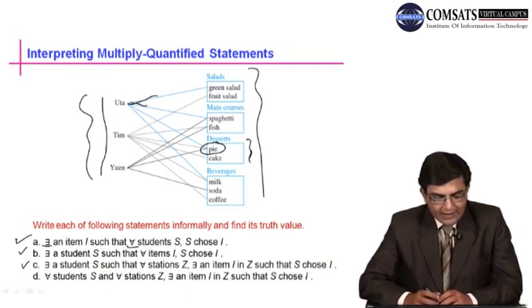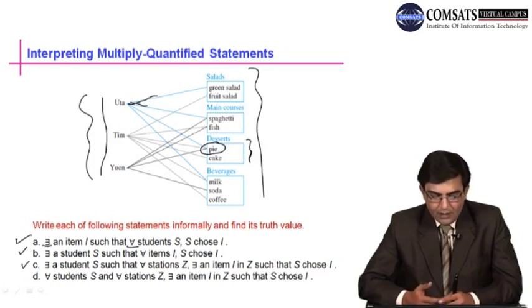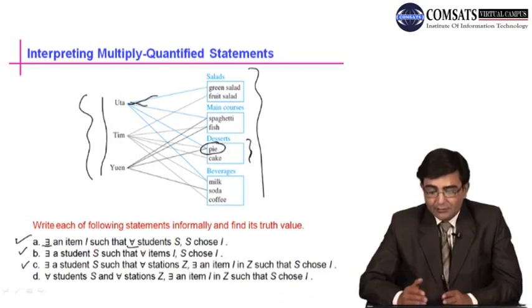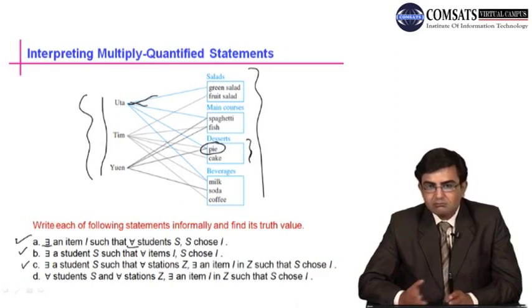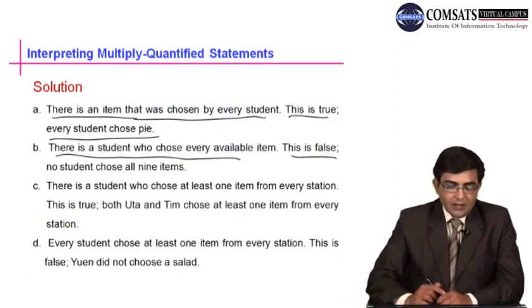There is a student S such that for all stations Z, there is an item I in Z such that S chooses I. This means that there is at least one student S, and in all stations there is an item I in Z such that S chooses I. Meaning there is a student who chooses at least one item from every station. So I think this is true.